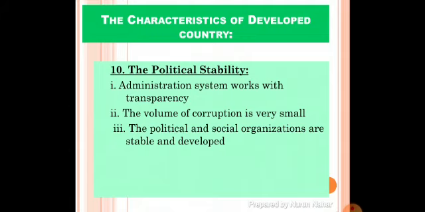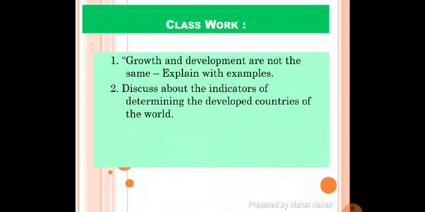My dear students, these are the 10 points of the characteristics of a developed country. In today's lesson, you have 2 questions to solve as your classwork. You can take help from today's lecture and also from your textbook. Our first question is, growth and development are not the same. Explain with examples.